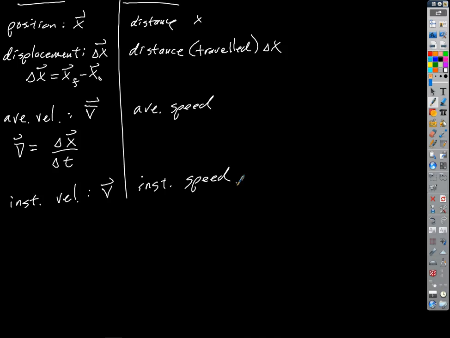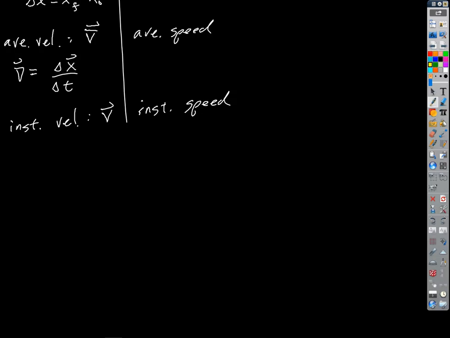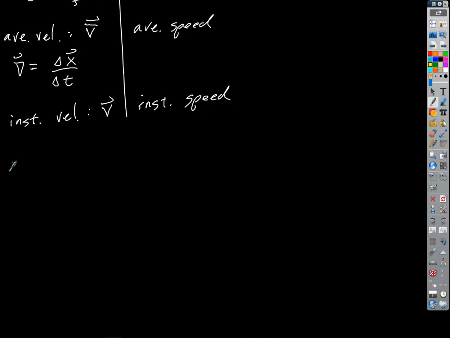Okay? All right, so what do you suppose is next then? We went from position to velocity, which is measuring change in position. What do you think the next step would be? Acceleration. Acceleration, which measures what? Velocity. Okay. So the next thing we'll add here is average acceleration.